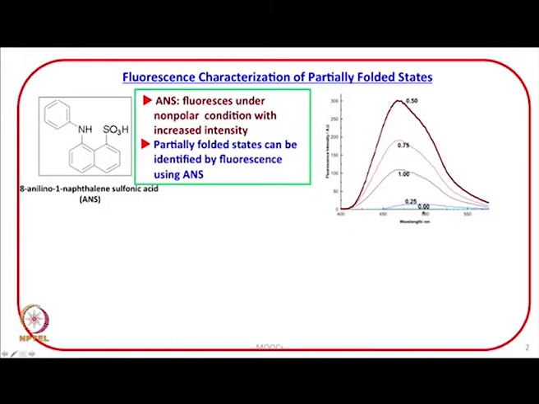Either it is native, 0 hexafluoroisopropanol means the protein is in the native state, here 0.5 molar molten globule state, and above that it is pushing the protein into denatured state. And that is why the comments, if we re-look at the comments, ANS fluoresces under non-polar conditions with increased intensity and partially folded states can be identified by fluorescence.